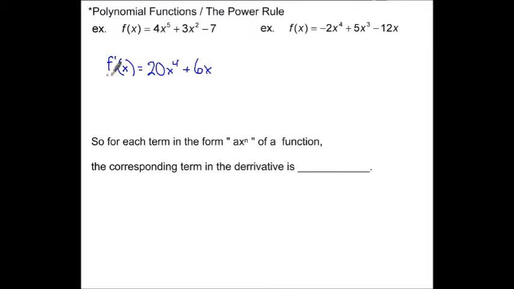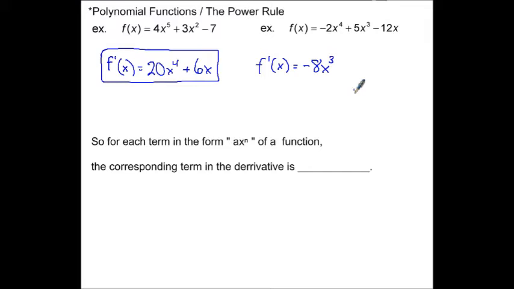And that's it. Let that brain work a little on that one, and see if we can verify your guess with our second one: our derivative is going to be negative 8x to the 3rd, hopefully matching the rule you were just thinking of, plus 15x to the 2nd minus 12.